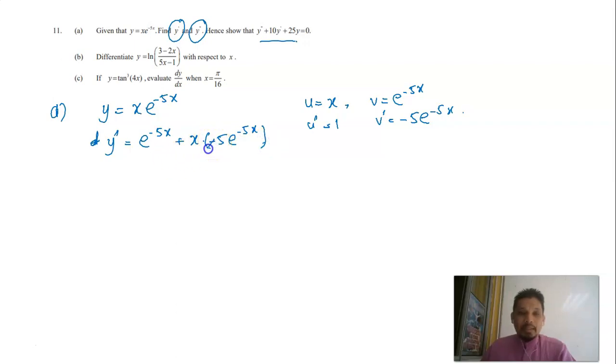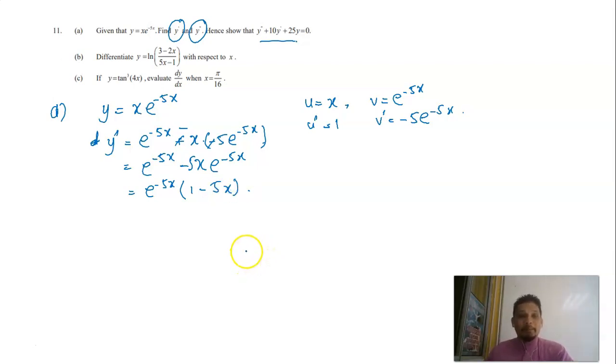So we get e to the power of negative 5x minus 5x e to the power of negative 5x. Factorize e to the power of negative 5x and 1 minus 5x. Okay, so this is y prime.